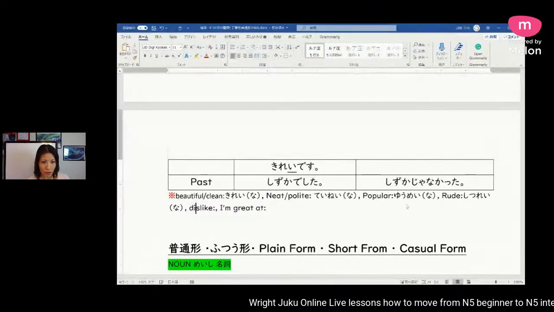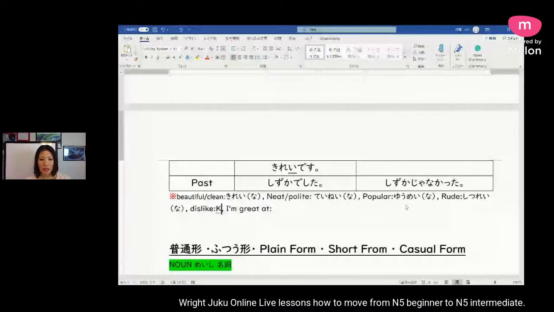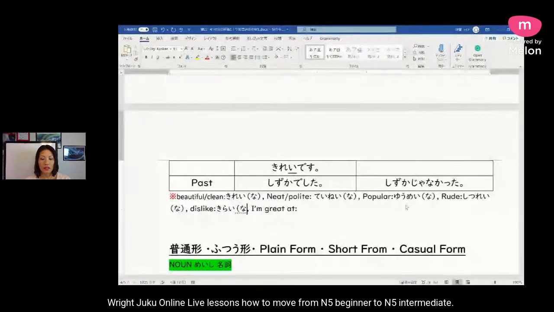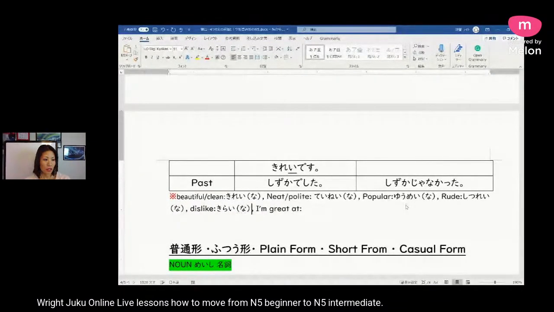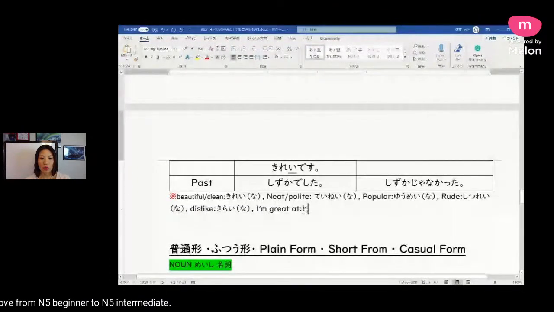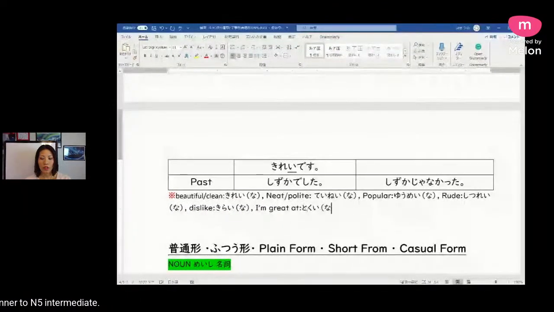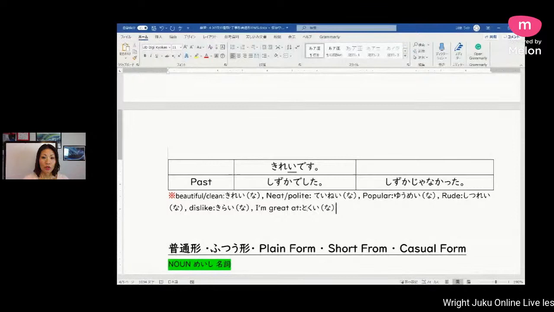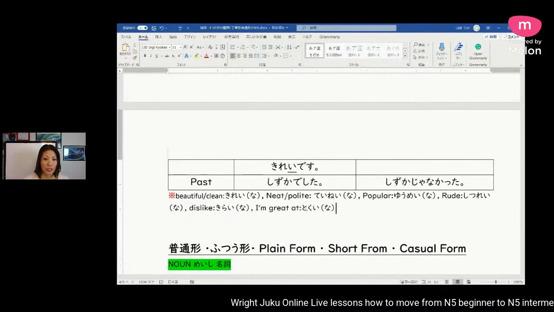And dislike, 嫌いな. The last one, I am great at something, 得意. That's also not an e adjective. For example, 私はスポーツが得意です。得意なスポーツはバスケットです。So 得意 is not an e adjective.